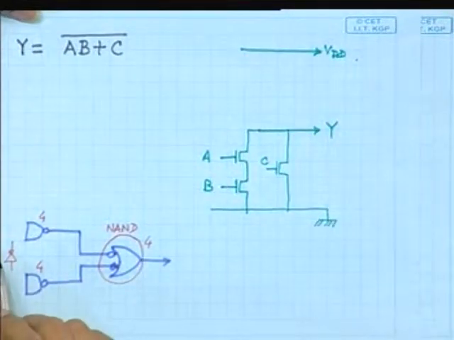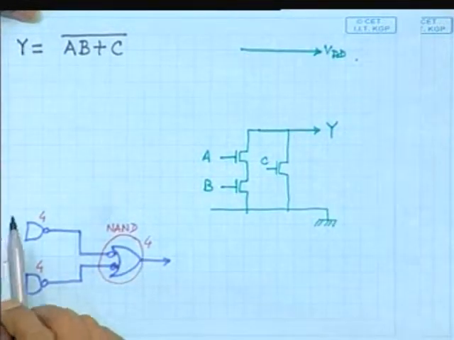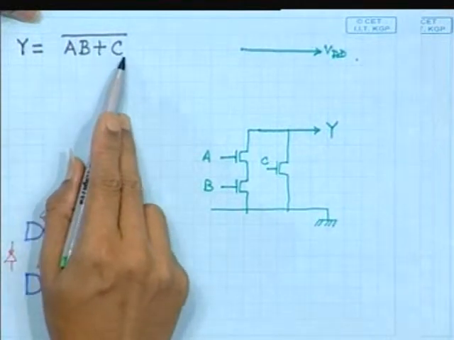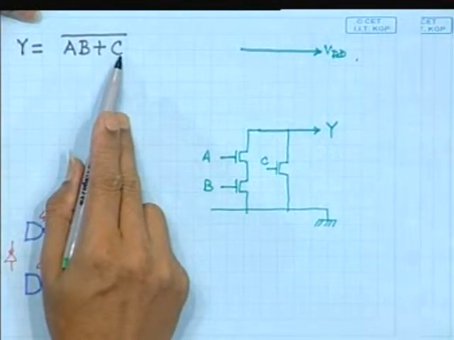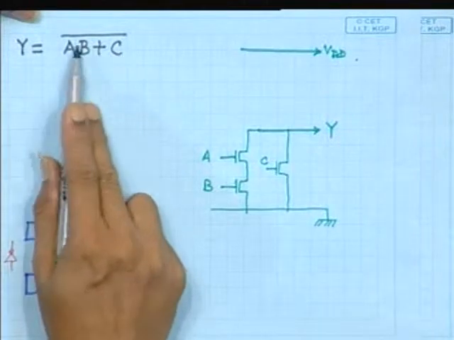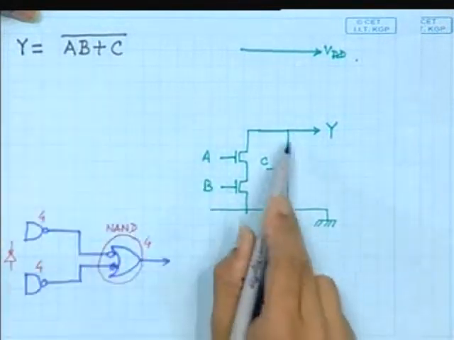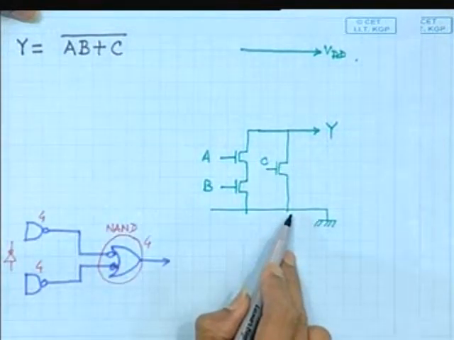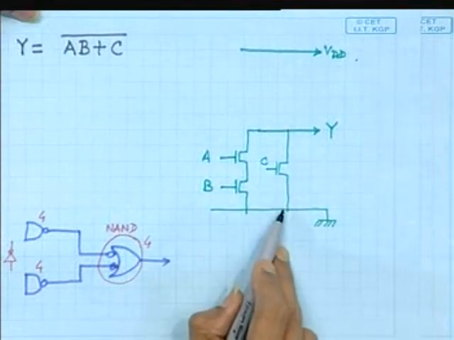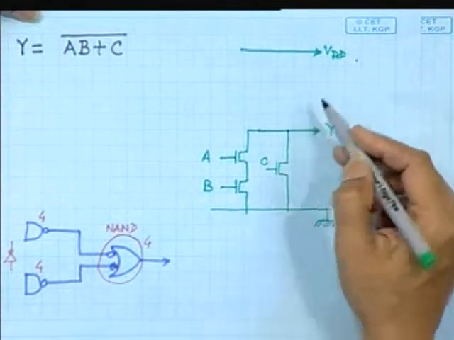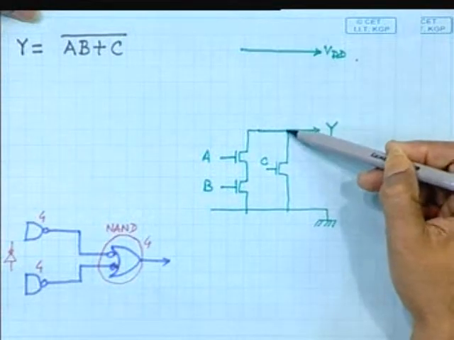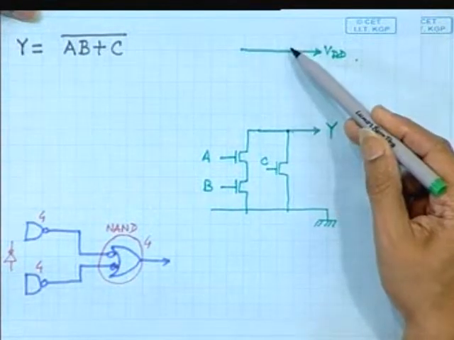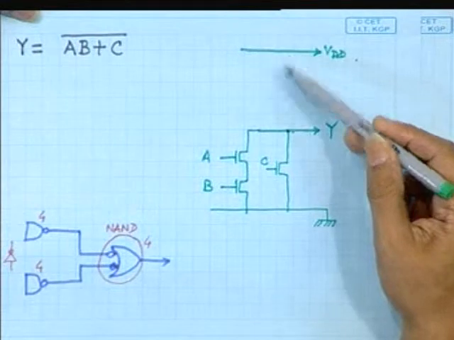How to do that? First of all, if C is high unconditionally, meaning without depending on A and B, this should be low. Now at the same time, we should ensure that if C is high, it should not get a path to VDD. So how do you ensure that?